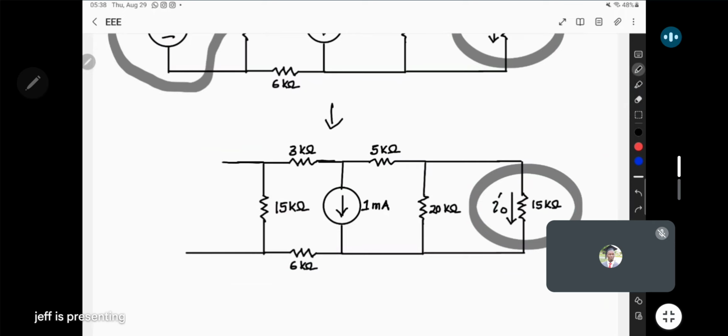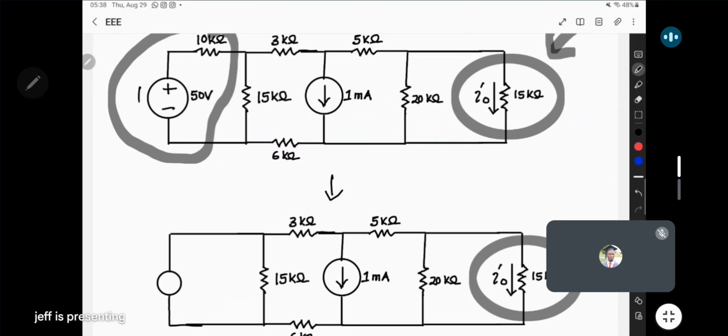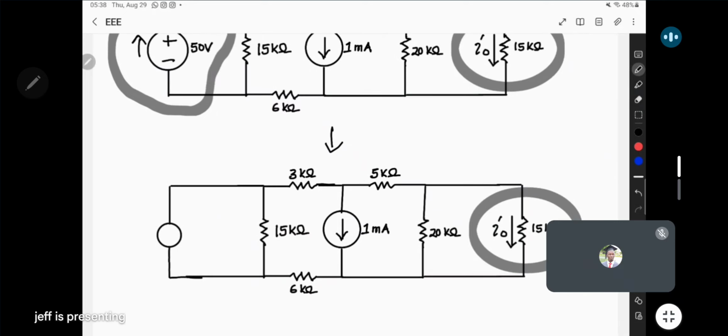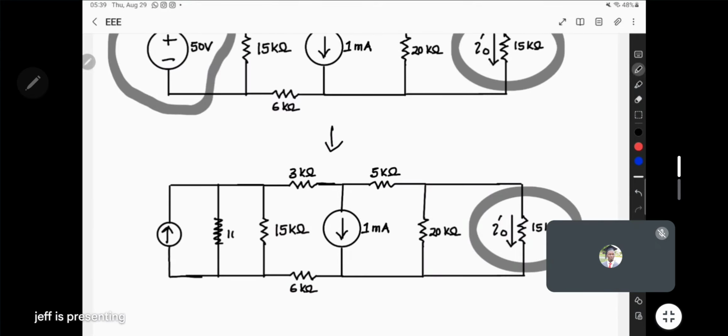So we're now going to have a current source here. Now notice that polarity, the current source must face the same orientation as the voltage source. So the current source must be feeding up. The resistor will come here. It's the same resistor, so 10 kilo.